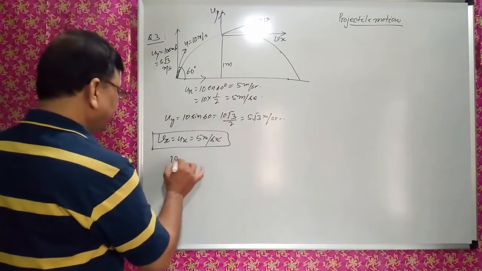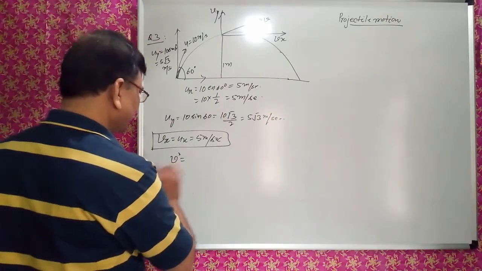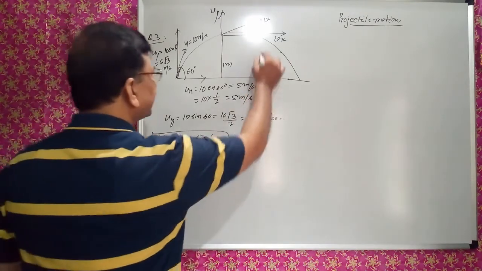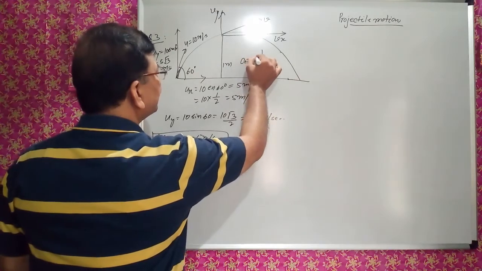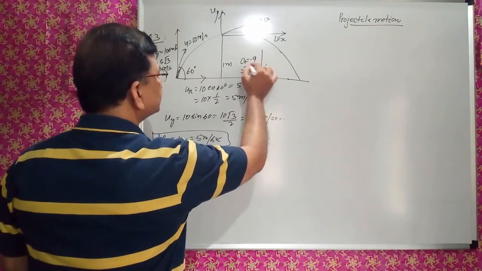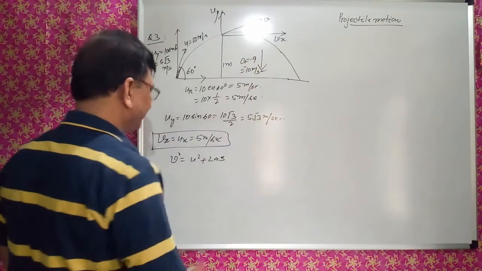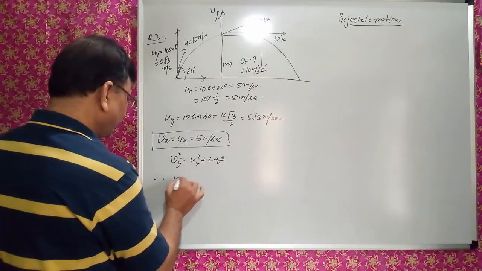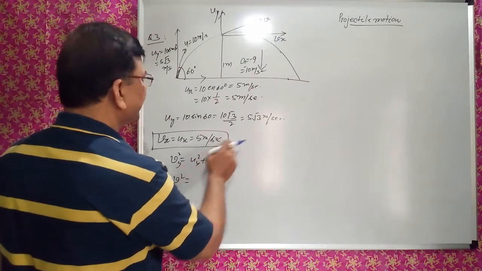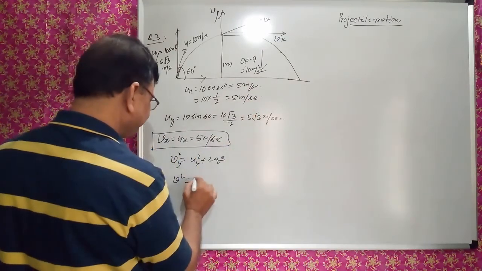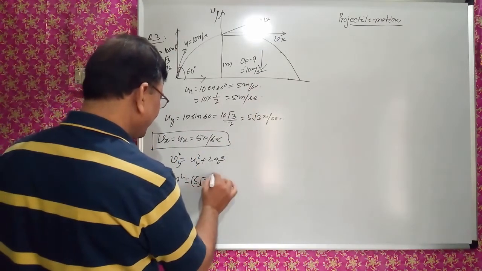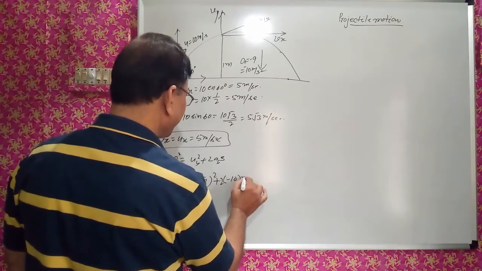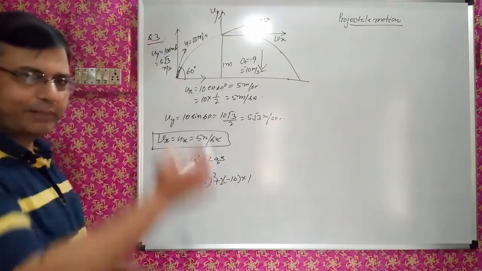So V square is equal to U square plus 2As, we will use. Here A is equal to minus g, that is minus 10 meters per second square, negative. So therefore we will use the y suffix. So Vy square is equal to Uy square, that is 5 root 3 square, plus 2 into minus 10 into s, where s is 1 meter, the height we have taken.